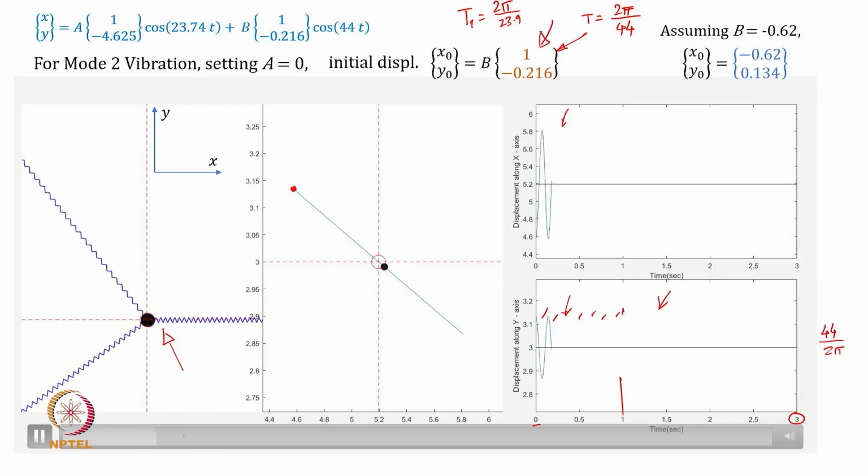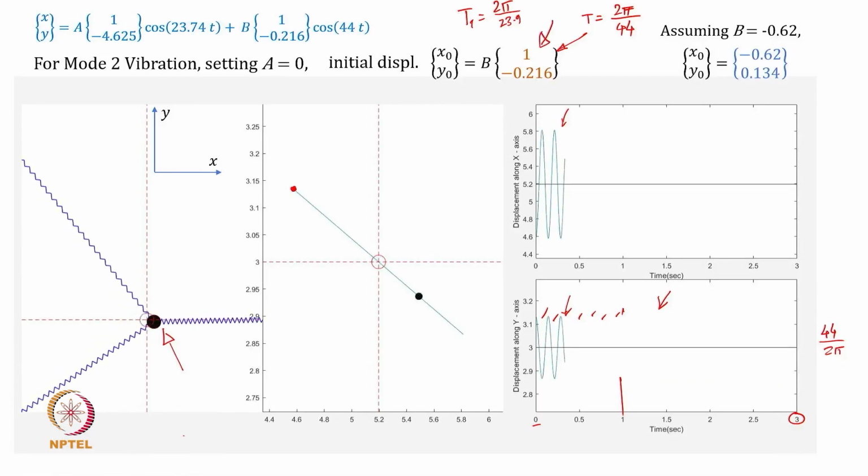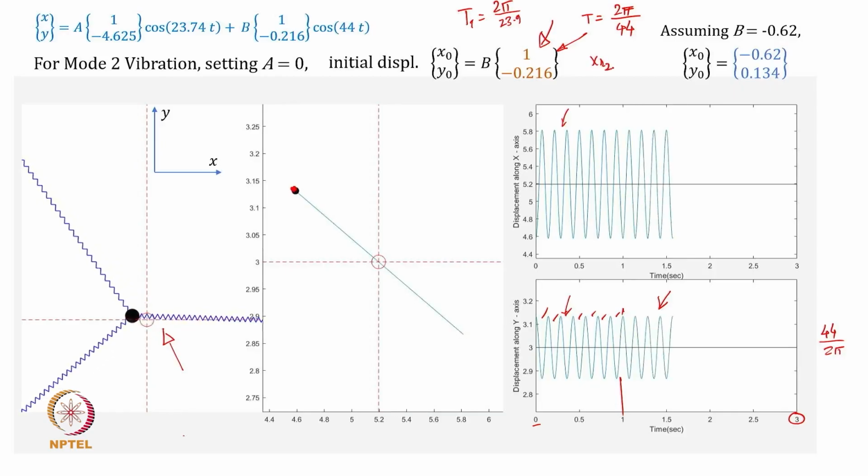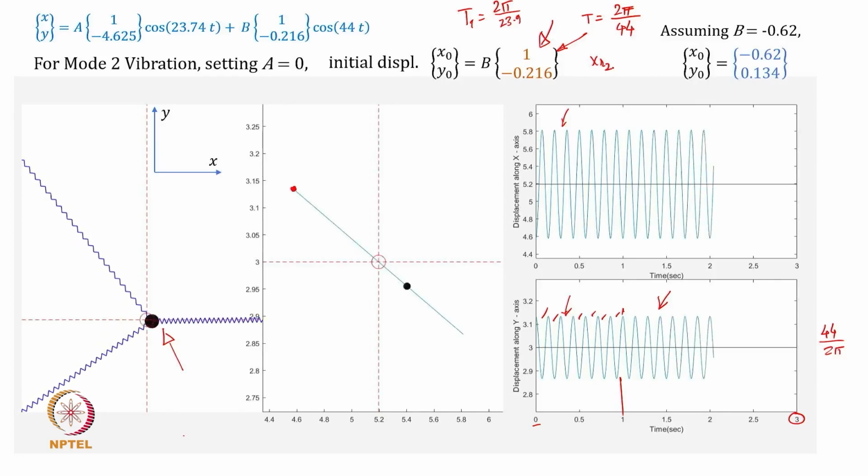In this case, the initial position given at time t equal to 0 was taken with x and y values proportional to the mode shape. So it was proportional to xr2, which was 0.216 negative. That means if x is positive, y is negative. This is exactly what is happening.